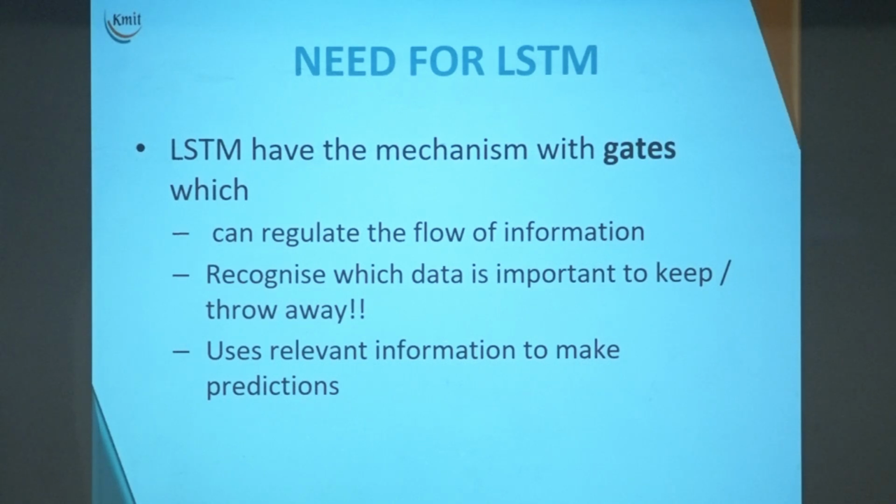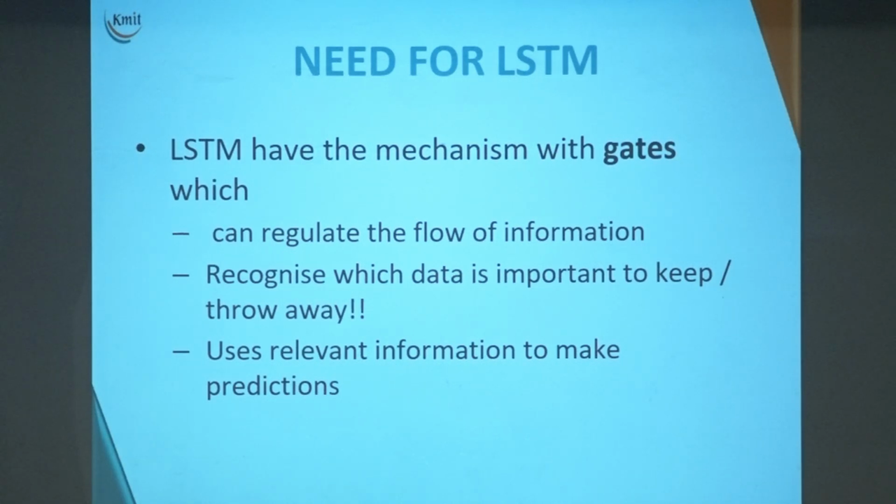Inside it there is a gate. What is the normal functionality of a gate? Why do you have a gate? To allow somebody coming in or going out. So the same thing is happening over here. The flow of information could be controlled or regulated through these gates which are present inside the LSTM cell.